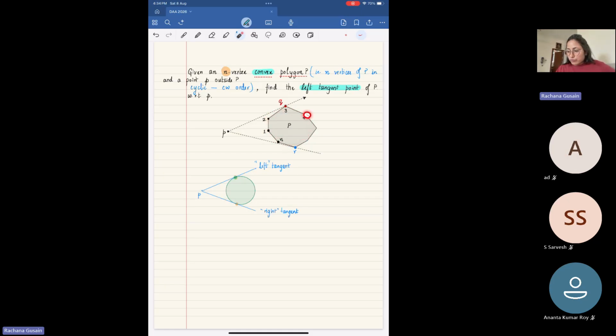If the point at index 1 were here, then 1, 2, 3, and so on up to n. So in this order, I'm given this polygon. Now, what is special about this point 3 with respect to the CCW test, which will help us identify that 3 is indeed the left tangent point?